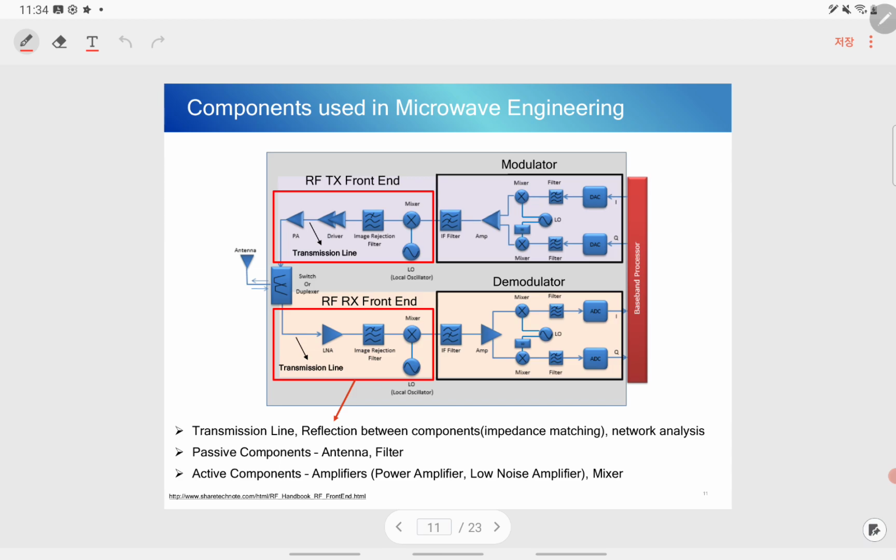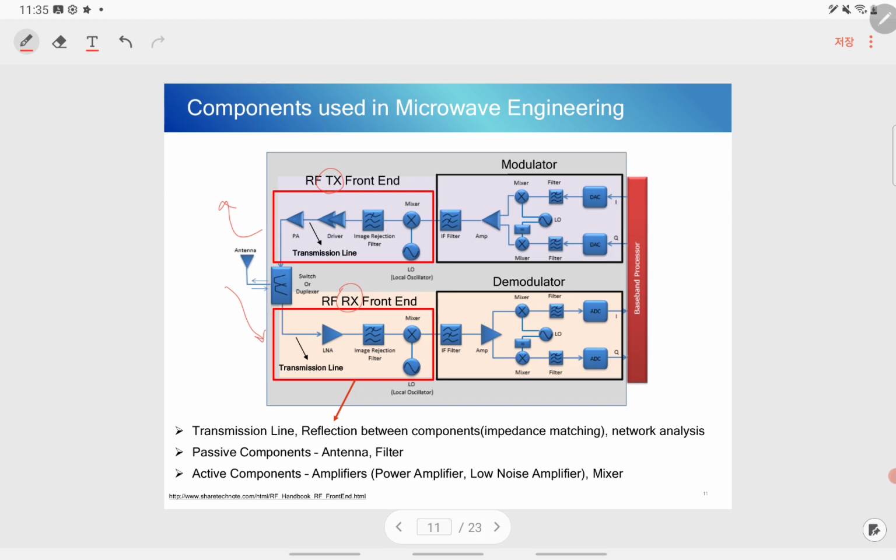So I've discussed the communication system because I want to distinguish two things. This is the transmission side, this is the receiver side, right? The transmission side sends the signal, and the receiver side receives the signal.